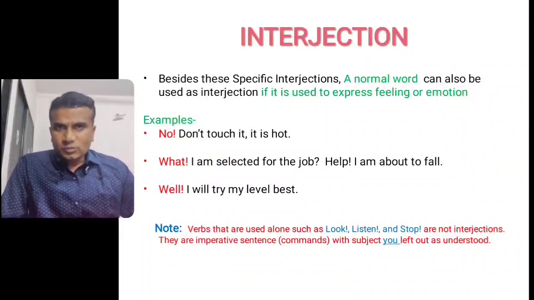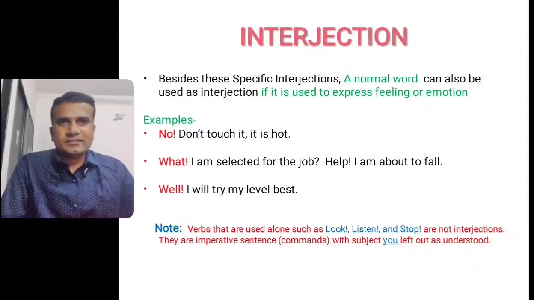There is again a note on the screen too. Verbs that are used alone, such as look, you will see there is an exclamation mark after look, then listen and stop, these are not interjections. What we have to remember is that they are imperative sentences. They are just commands.